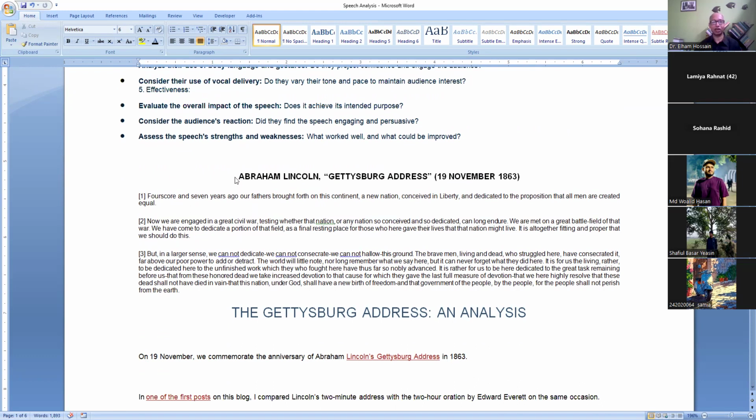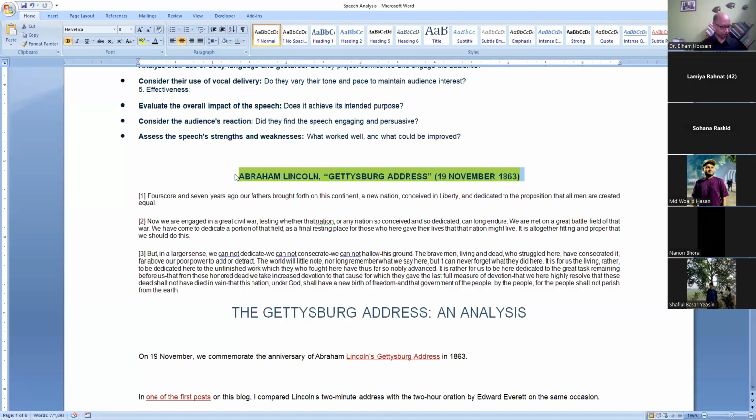You know, this is a speech of Abraham Lincoln, which is very popularly known as Gettysburg Address, because this speech was delivered by Abraham Lincoln in a place, the name of the place is Gettysburg.